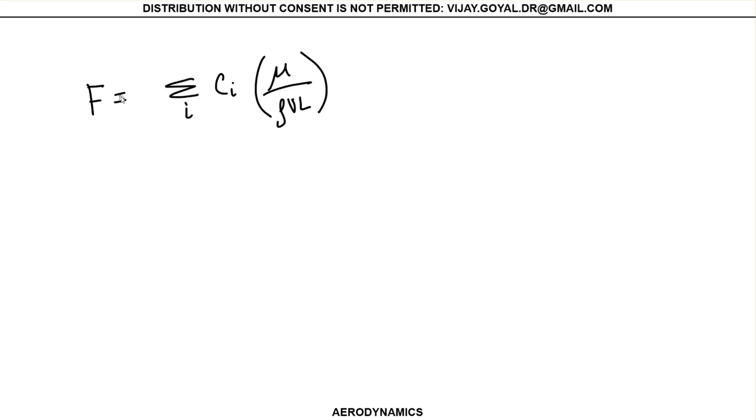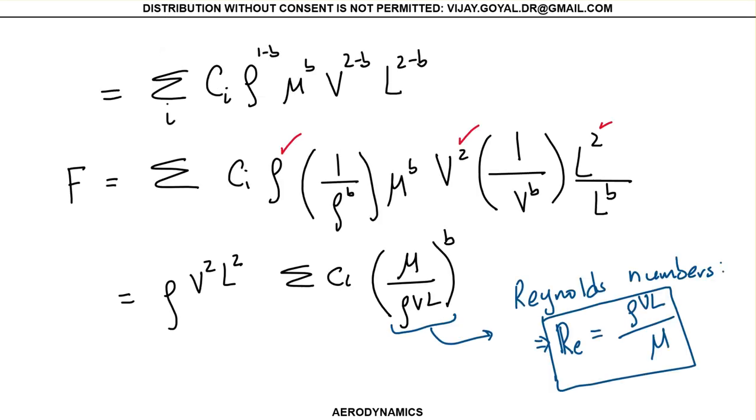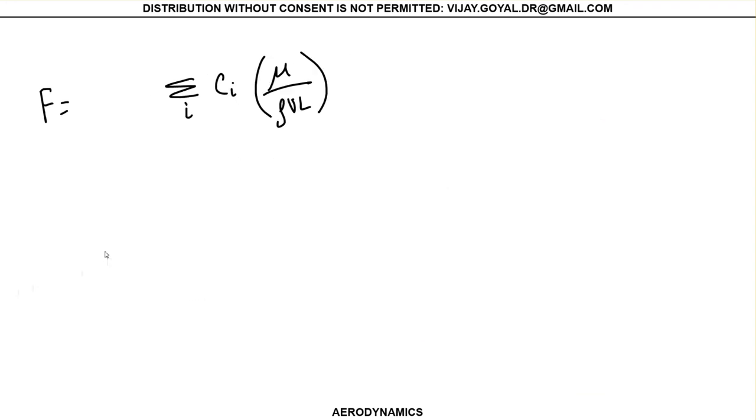And just remember we had this term right here, rho V squared L squared, so that has to stay there. Rho V squared L squared. And we can say this is equal to some coefficient of F. You see, I got an F here.